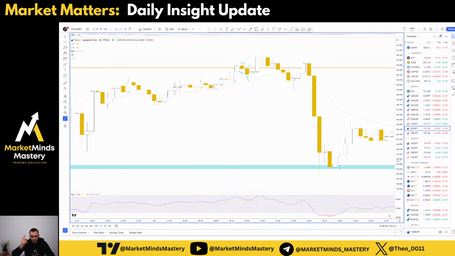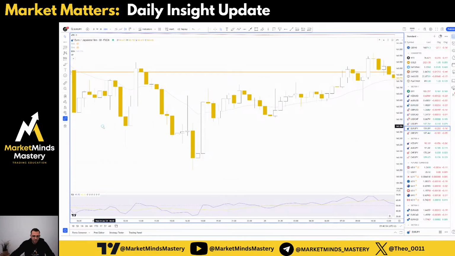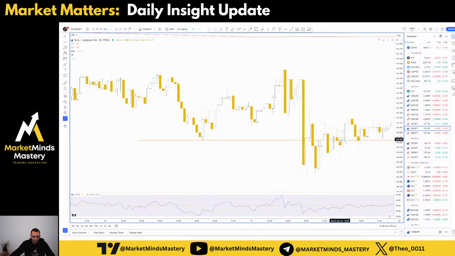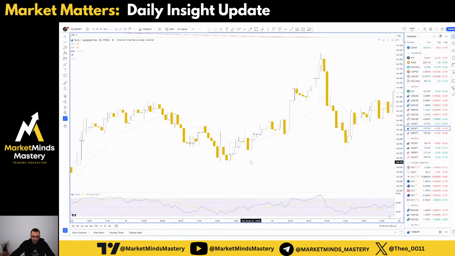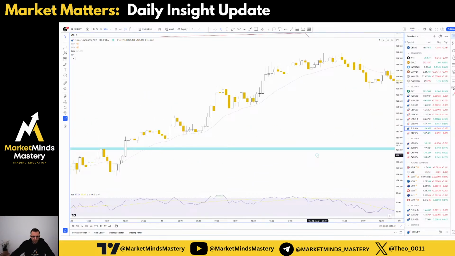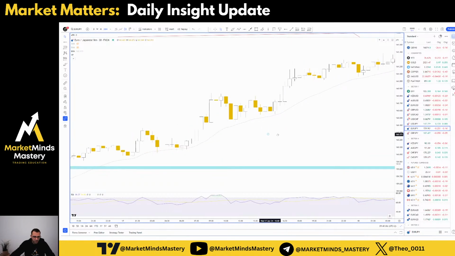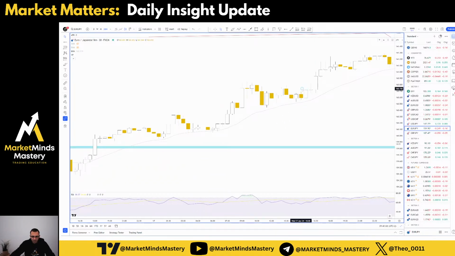Okay, but what's the difference between the hammer and the bullish engulfing? The bullish engulfing, one sec, let's find a strong, well-defined bullish engulfing. I'm pretty sure we're going to find one here. So, for example, this one here.